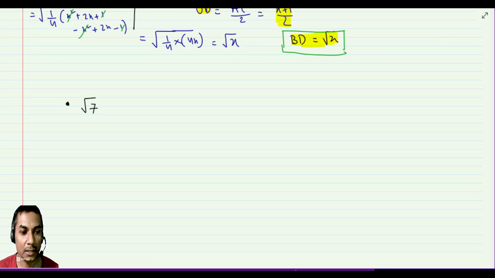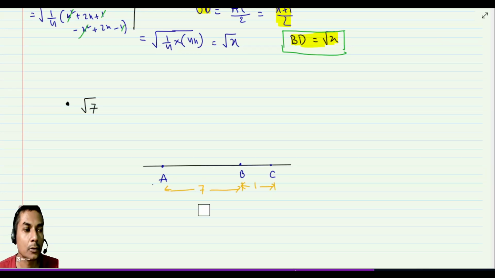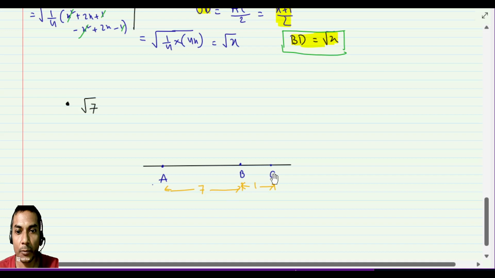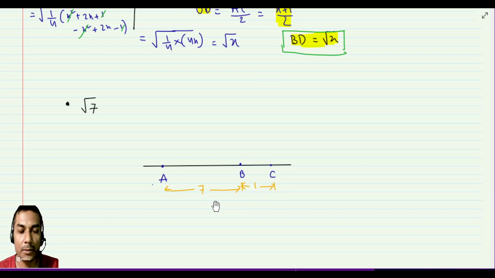So this method is like this. Draw a number line, this line, and then take AB as 7. On the scale you can consider 7 as 7 centimeters. Then take another point C, that is 1 centimeter. Then you find half of this 7 plus 1, that is 8, and 8 divided by 2 is equal to 4.